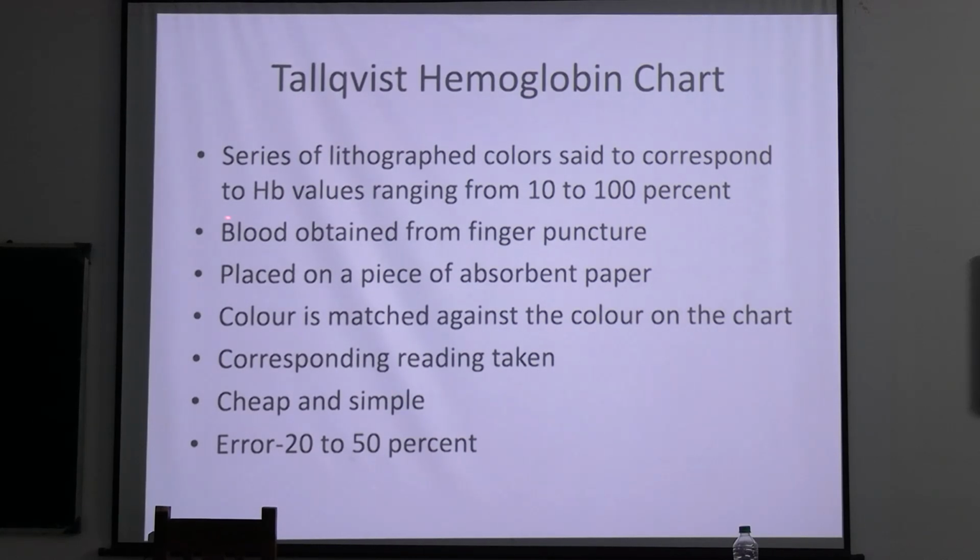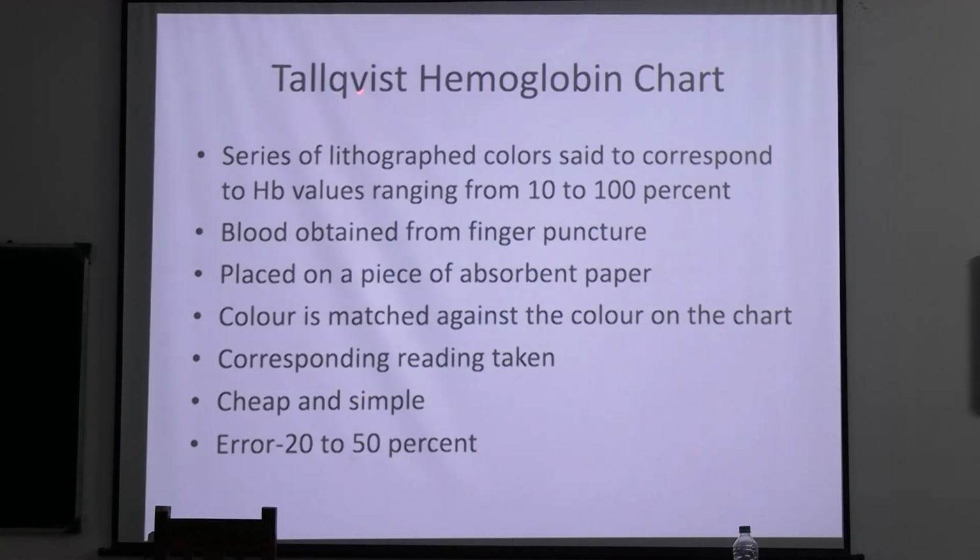So, a Talquist paper is there, you prick the finger and place the blood drop on an absorbent paper and the color is matched against the chart, and then the reading is taken. Obviously it is such a method that there is a chance of error, 20 to 50% chance of error, and you do it in very remote areas where there is nothing.